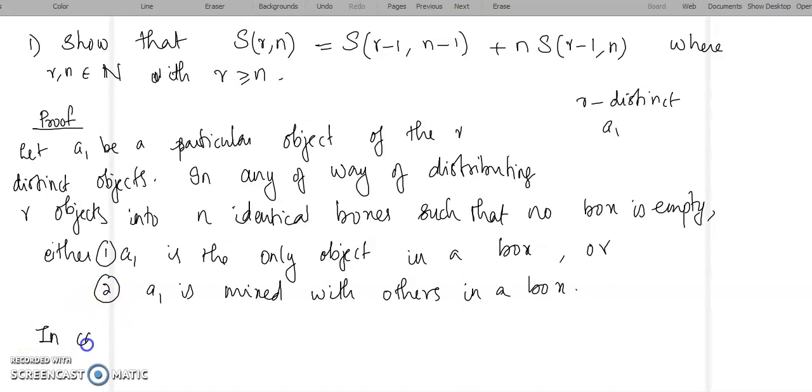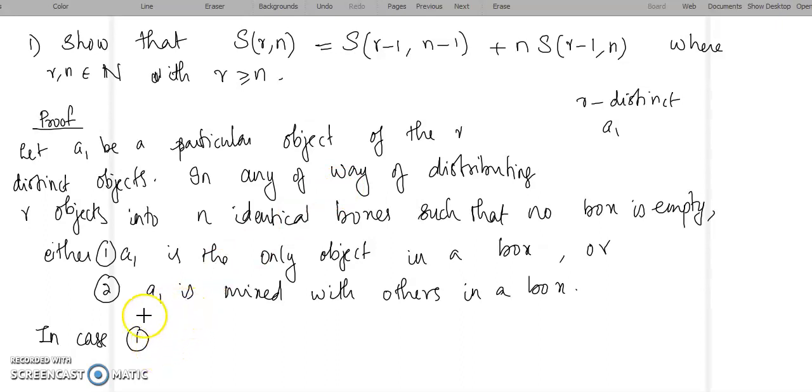So in case 1, A1 is the only object in a box. So A1 goes into a box by itself. The remaining objects are r minus 1 objects. So r minus 1 objects have to be distributed to n minus 1 boxes. So the number of ways of distribution will be S(r-1, n-1).